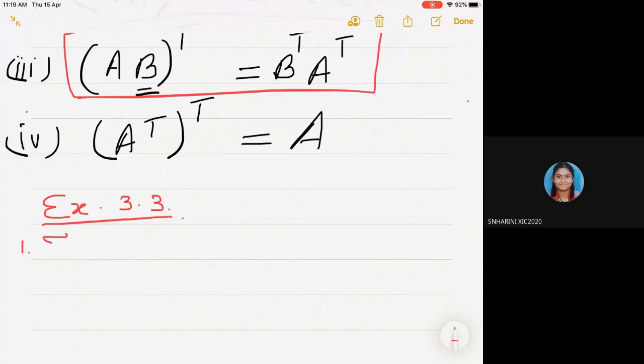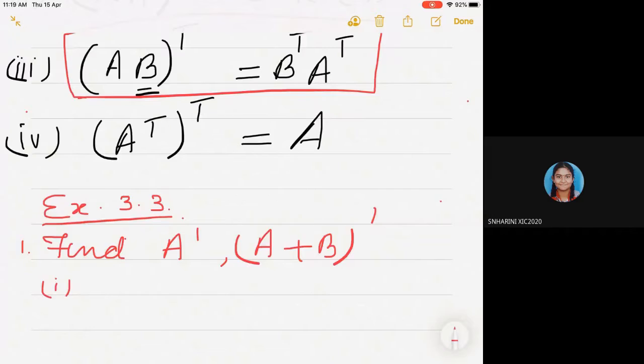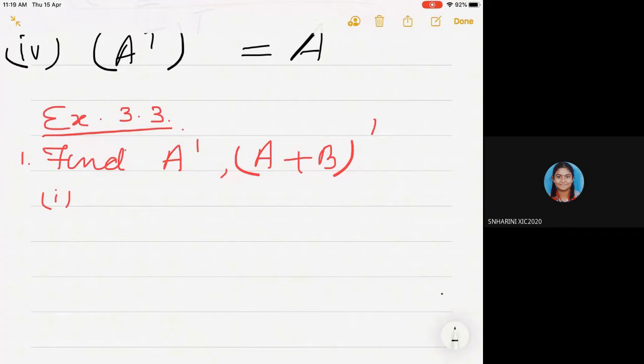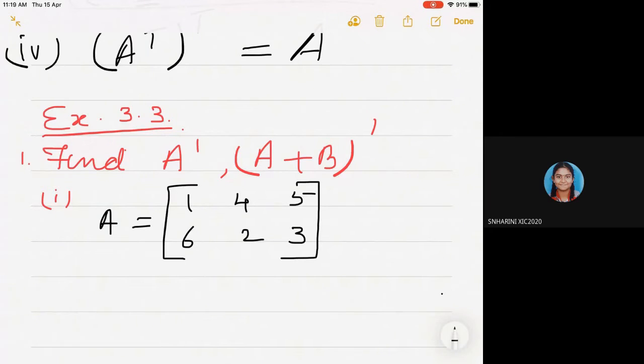Question number 1, find A transpose, comma, (A plus B) transpose, where A equal to 1 4 5, 6 2 3 and B equal to 2 0 1, 1 4 2.